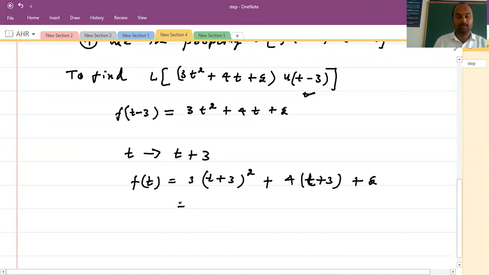Now expand, applying a plus b whole square: t square, 3 square is 9, 2 into 3 into t is 6t, 4 into 3 is 12, plus 5.